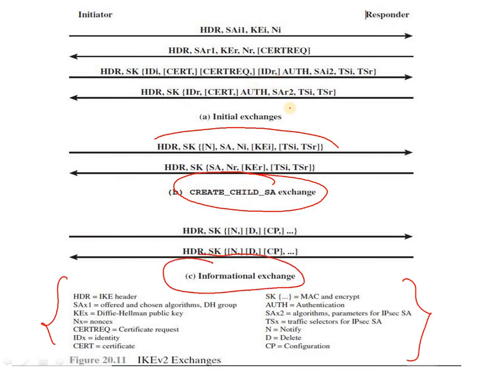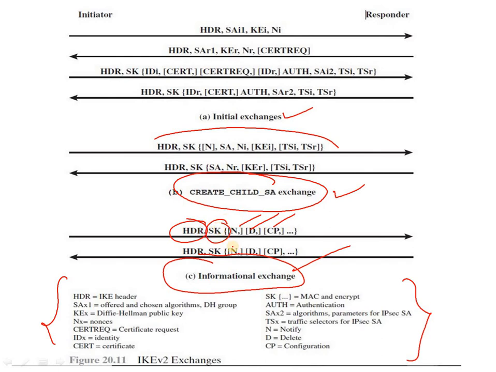After the initial exchange, and after the security association is established, then we can exchange the information. So the information contains notification, deletion, configuration. Okay, then this is the IKE header.